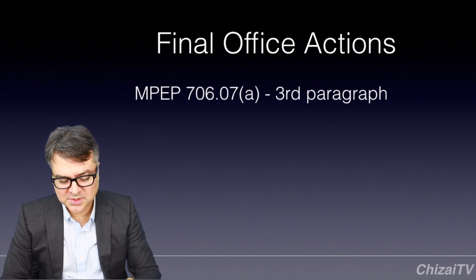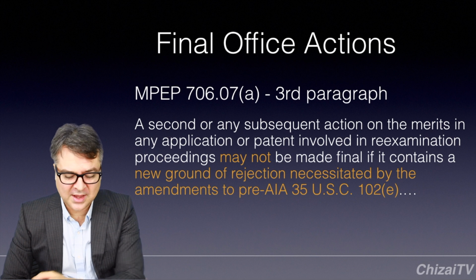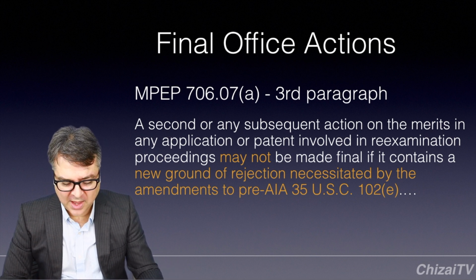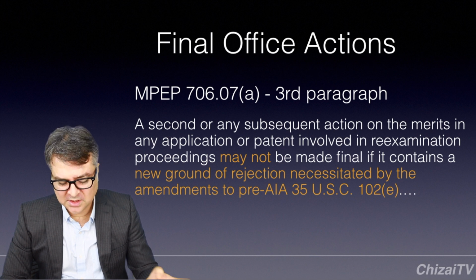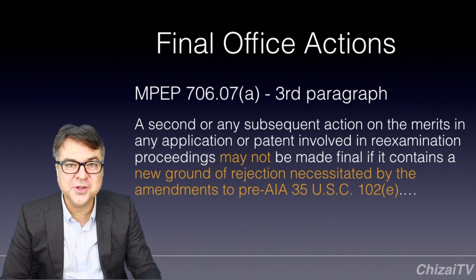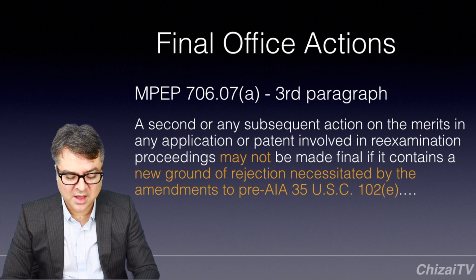A second or any subsequent action, the second action or an action after that, on the merits in any application or patent involved in re-examination proceedings, may not be made final. So paragraph 2 said should not be made final. This is may not be made final, so it's not permitted to be final.